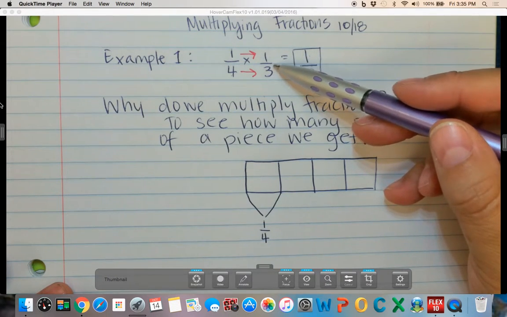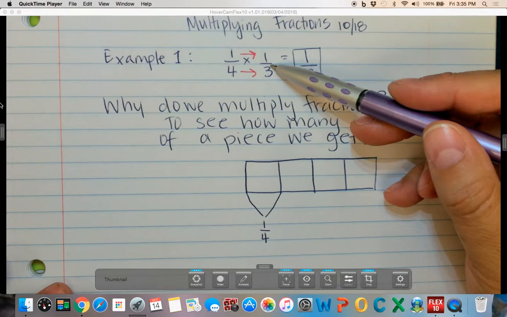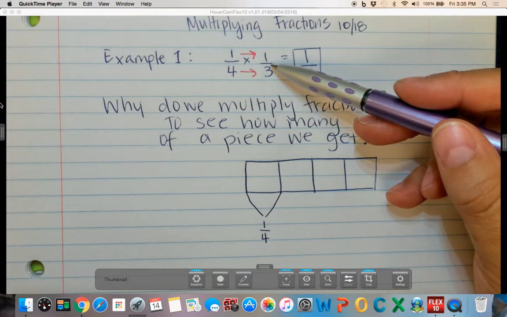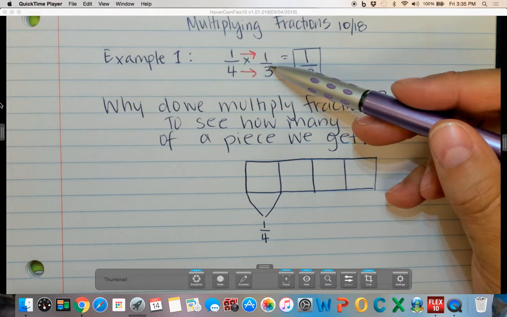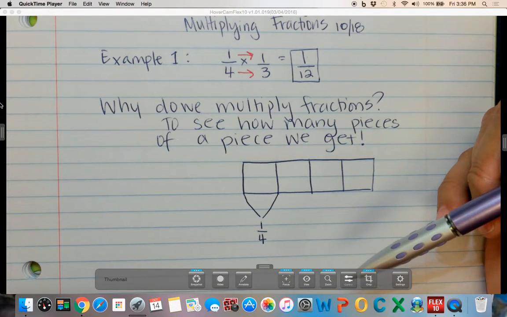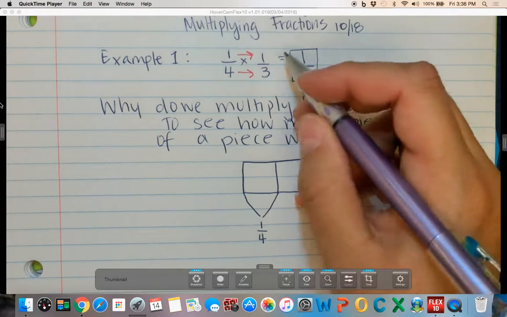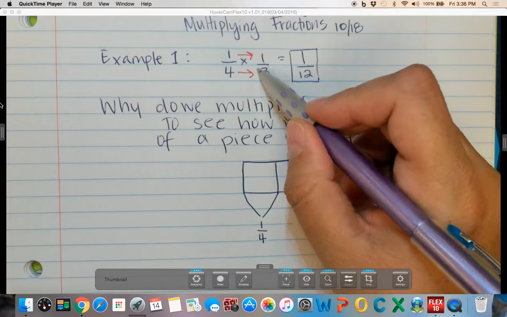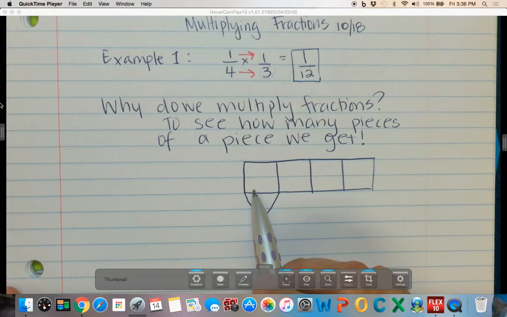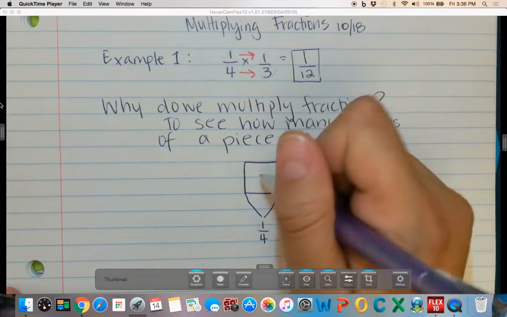Then I have 1/3. What it's asking me is how many or how much do I get when I have 1/3 pieces inside a whole that are 4 pieces. Let me show you. So I'm going to take my 1/3 because that's my denominator, and I'm going to place 3's into each of these 1/4s.